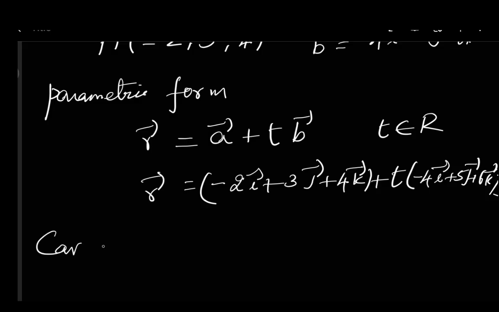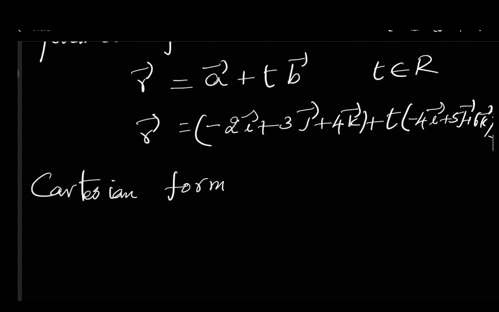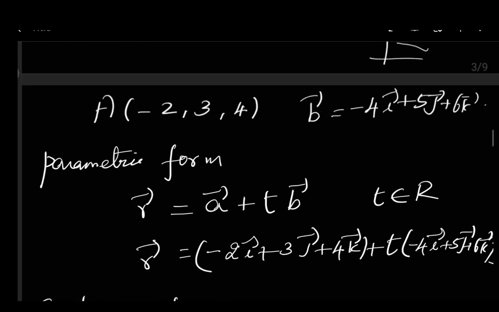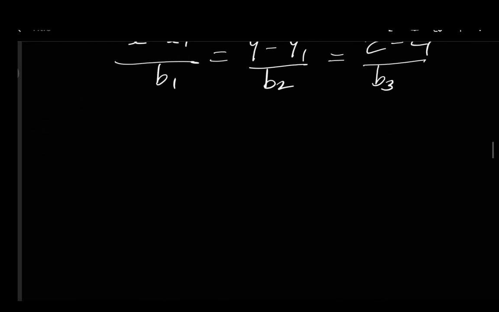Next is Cartesian form. x minus x1 by b1, y minus y1 by b2, z minus z1 by b3. So the point is minus 2, 3, 4.